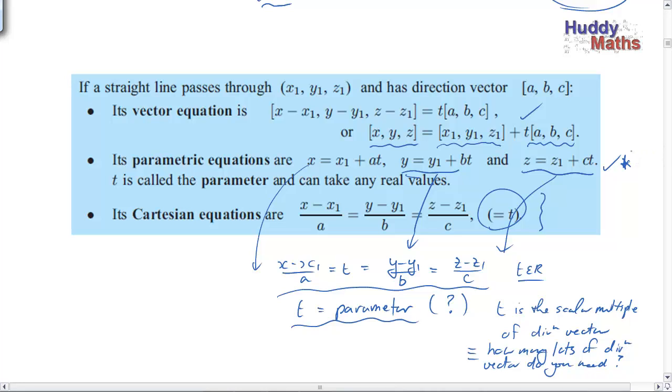So come back up to this asterisk up here. You're defining your general point on the line x, y, z in terms of how far you've got to travel along the direction vector A, B, C to get to your point. So here you are. There's your definition of that property of the system. How many lots of the direction vector do you need to get to any point? It could be positive, it could be negative. You could go up the line or down the line if you like, along the line in both directions.